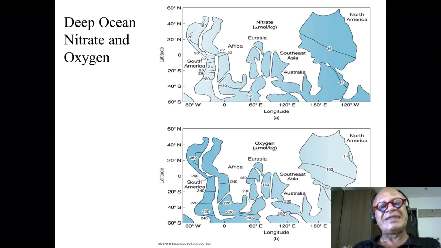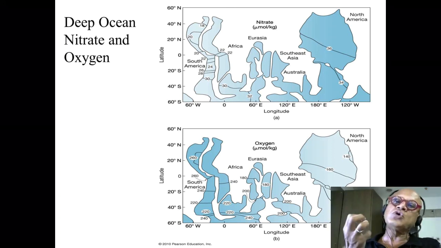Oxygen keeps getting depleted as you go along, and the most depleted waters are the oldest waters that are found here. We can actually age these waters. We do that by using one of the carbon isotopes that is called C14, as opposed to C12 and C13. C14 is radioactive, and it is in nearly constant concentration at the surface, but once it goes into the ocean, it begins to decay into other forms of carbon.